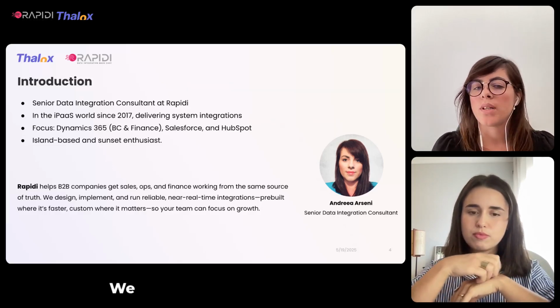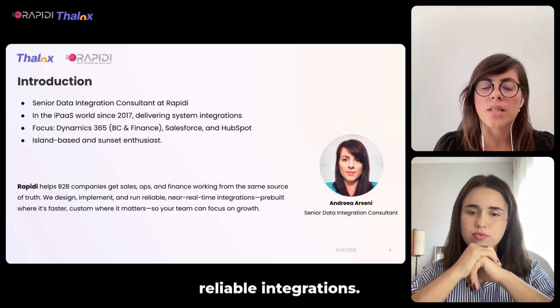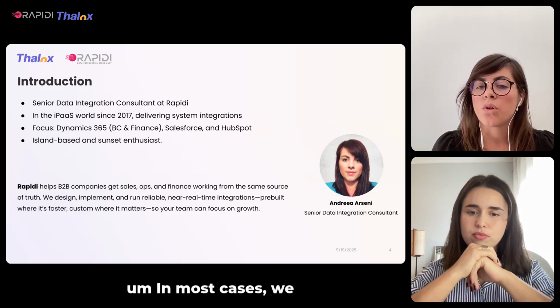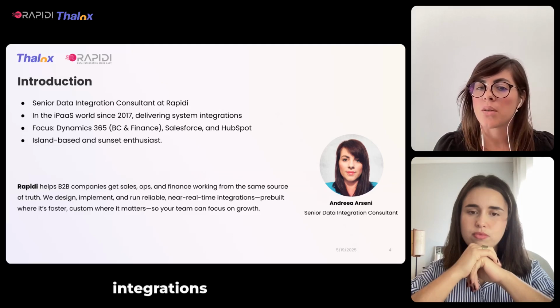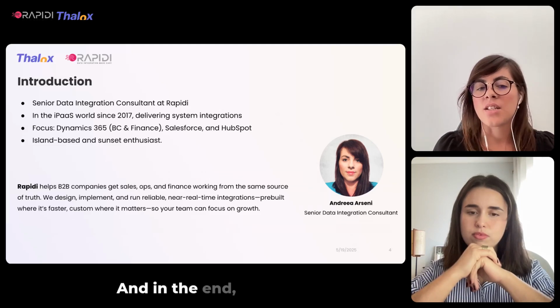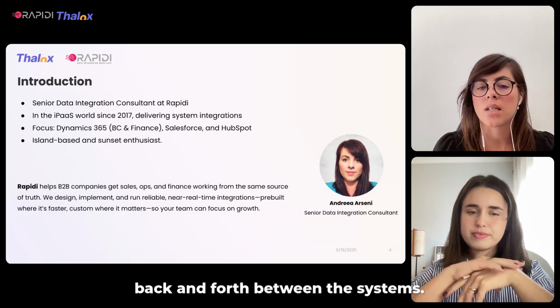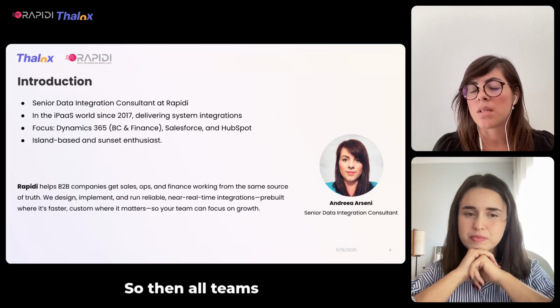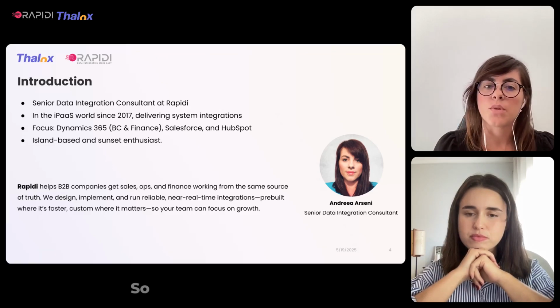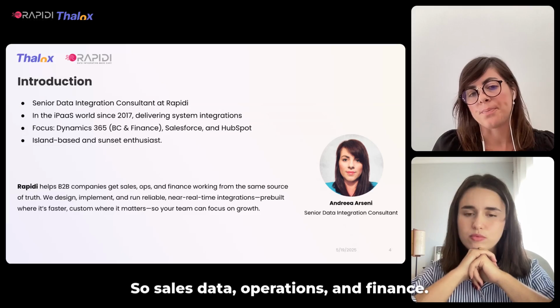So what we do is design, implement, and then run reliable integrations. In most cases, we have pre-built integrations because we want to save your time. In the end, we sync data back and forth between the systems, so that all teams get the data that they need: sales data, operations, and finance.